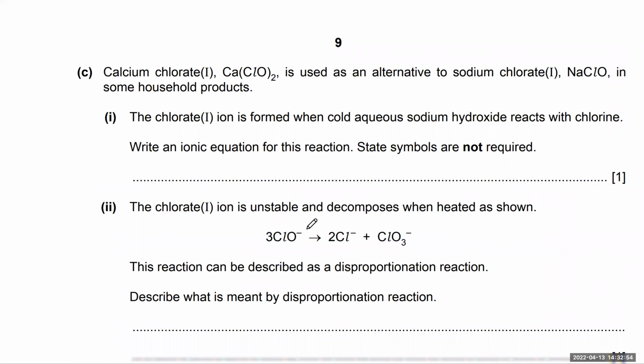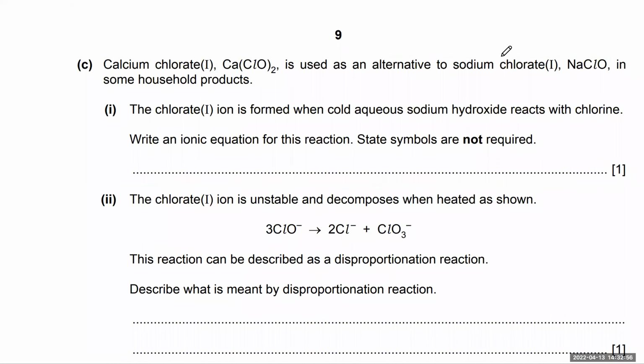Moving to the next one, this calcium chloride is used as an alternative to sodium chlorate. Chlorate ion is formed when cold aqueous NaOH reacts with chlorine. Write an ionic equation for the reaction. State symbols are not required. So first, you have to memorize this reaction. It's a group 17 reaction.